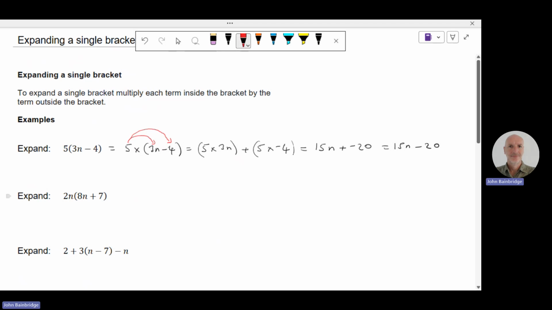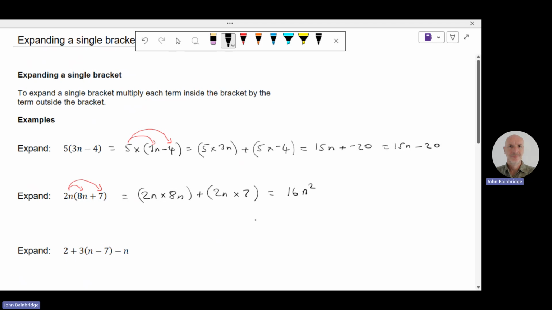So we do the same thing on the second one. We multiply 2n times 8n and 2n times 7. So we've got 2n times 8n plus 2n times 7. 2 times 8 is 16. n times n is n squared.